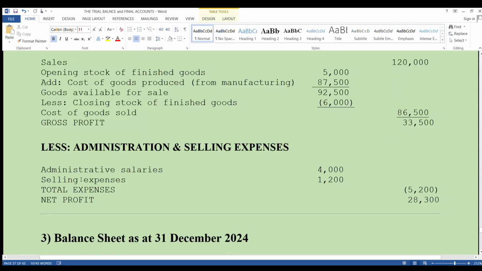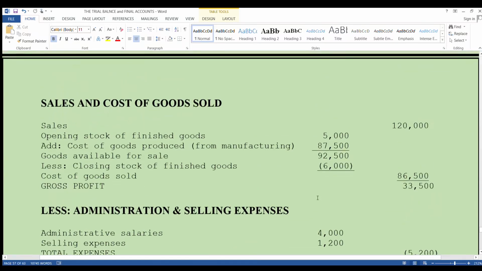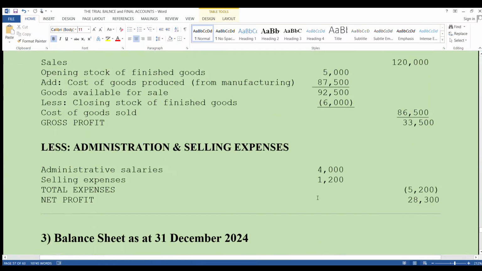So you start with administrative salaries, which is this. Selling expenses, that is the amount of money you spend in taking those chairs to the market, which is this. Then you add them to get this, and the net profit will be the difference, which will give you this. So that's how you conclude your trade profit and loss account.